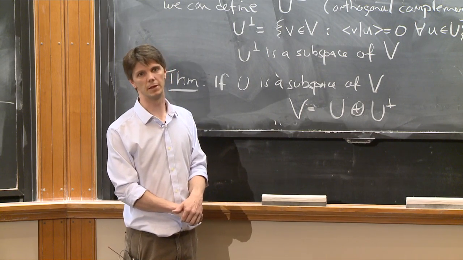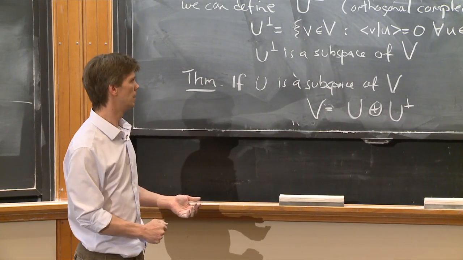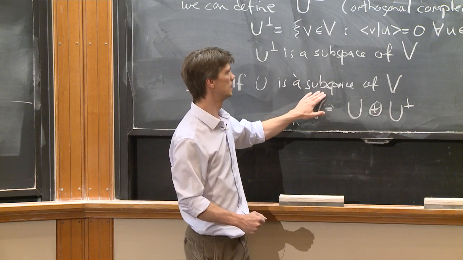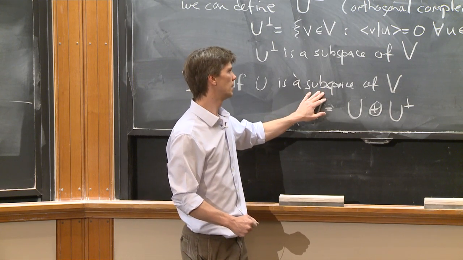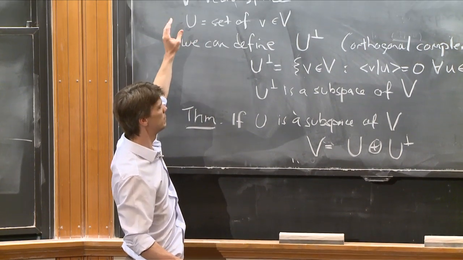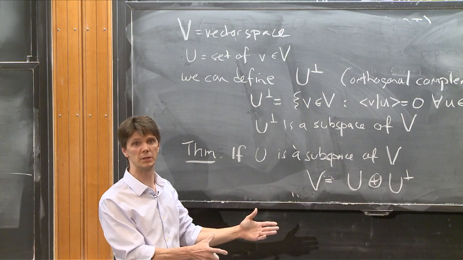Right, that contains everything. More generally, the reason I need to make this a subspace is just because I define U by some set of vectors that I'm putting into it.